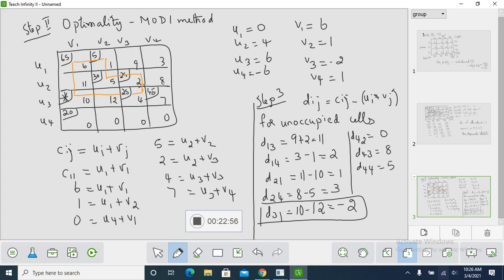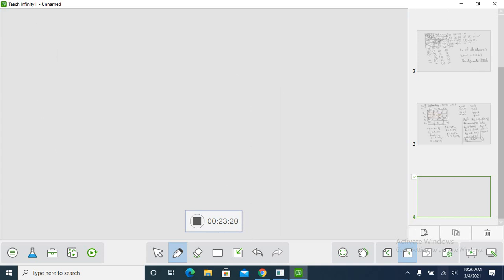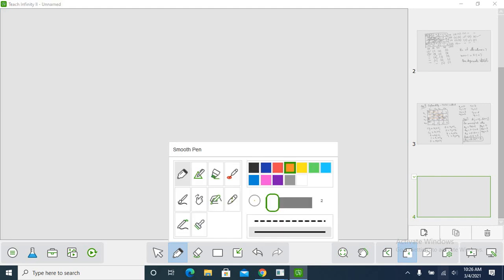What is the minimum value? The allocations are 65, then after 65 you have 5, 30, then you have 25, 25, and so on. So which is the minimum? The minimum is 25. So how do I allocate this value? We will see it in the next slide.